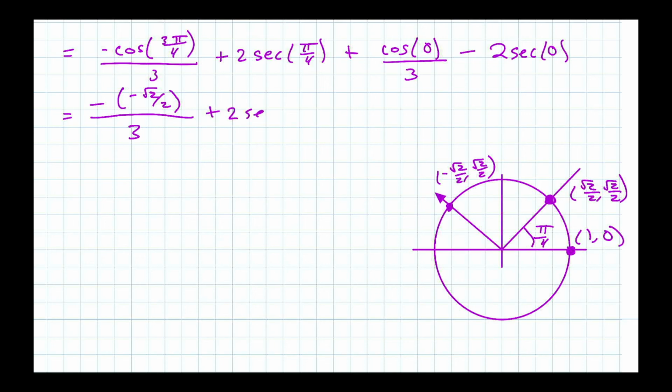Plus 2 secant pi over 4. So secant is 1 over the cosine, and cosine is the x value. So here's pi over 4. The x value is square root 2 over 2. We want 1 over this. 1 over this, if you work it out, is just square root 2.